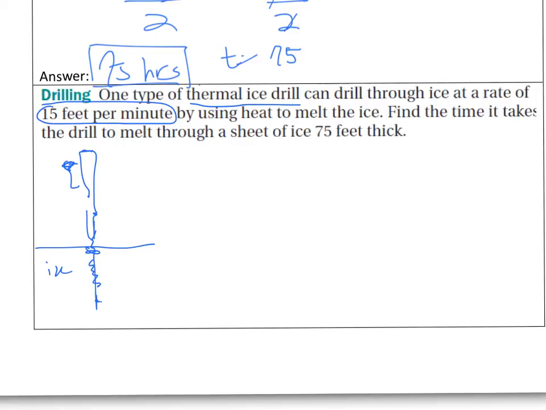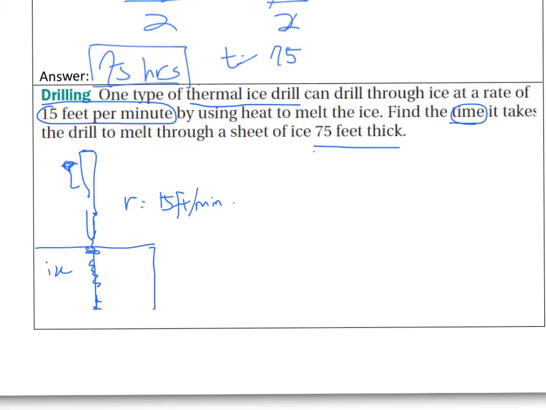Okay, and it's able to drill ice at a rate of 15 feet per minute. Find the time it takes the drill to melt through the sheet of ice 75 feet thick.